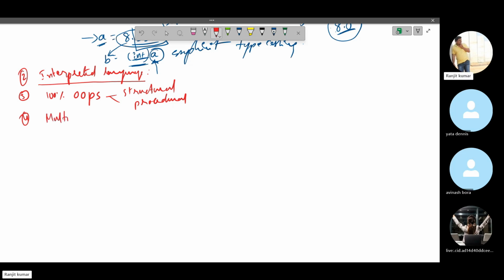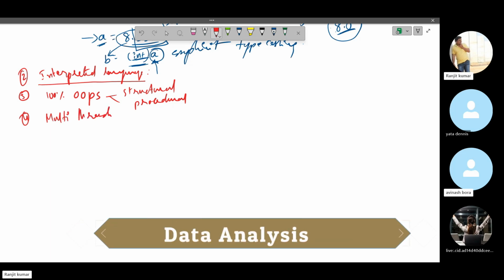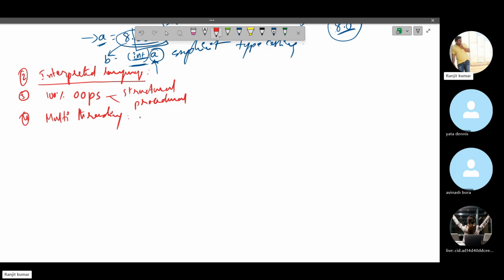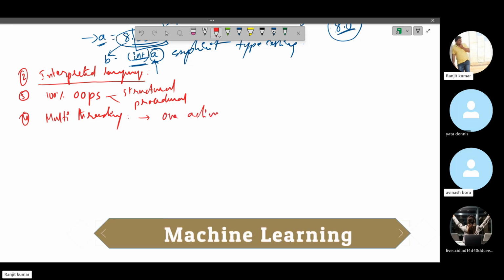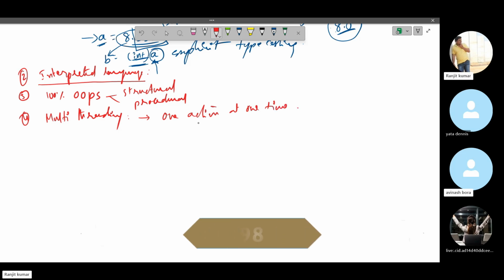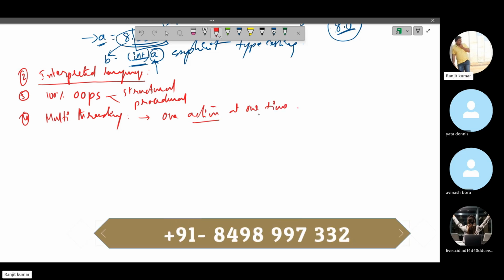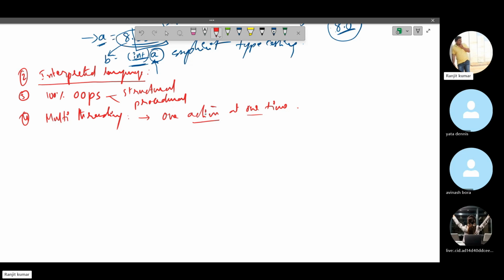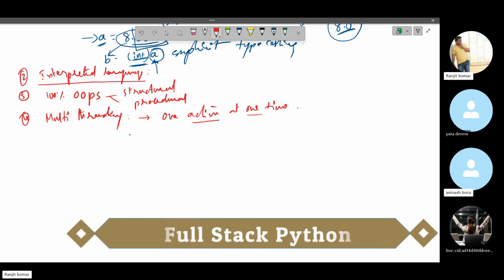It's multi-threading. Remember, our system is capable of running one action at one time. When the action has finished, only then does it allow the next action. Otherwise, the remaining action waits. For example, I have two processes, P1 and P2.